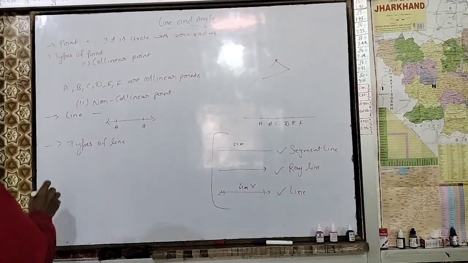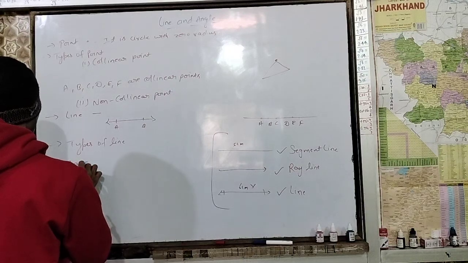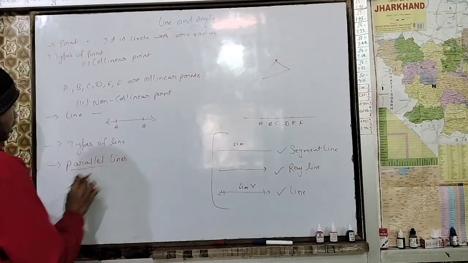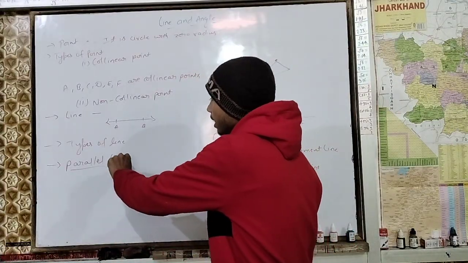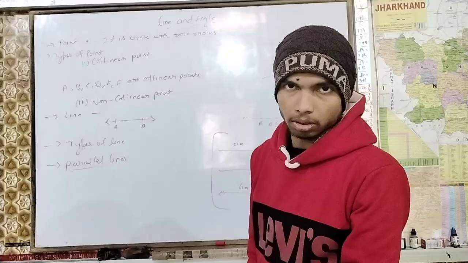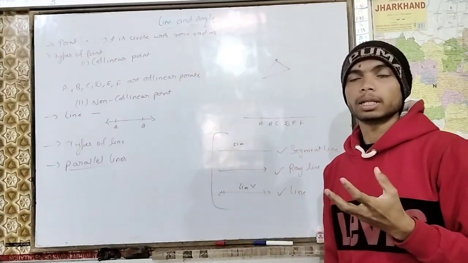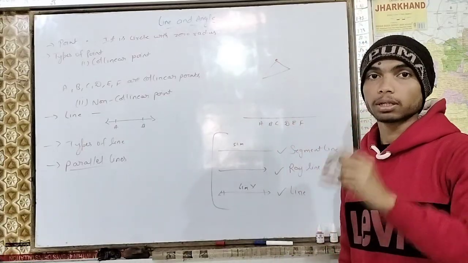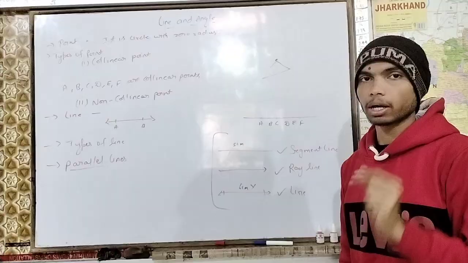Now parallel lines. You will have to understand by looking at the parallel ones. The meaning of parallel is that there are two lines, and both will not intersect each other anytime, anyhow.